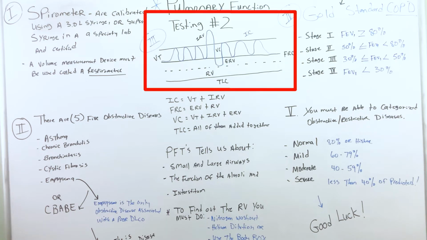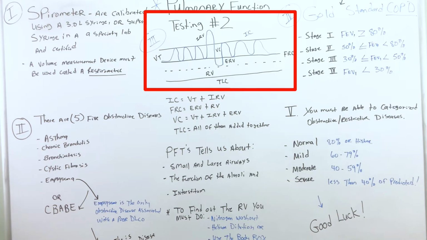Now look in the middle of the board. You will see this diagram. I know in your studies you have seen this diagram or graph, and I have labeled them because what most people don't tell you is that you will have to label this graph on the TMC exam. The blue lines in the middle, you will see to the left, it says tidal volume.